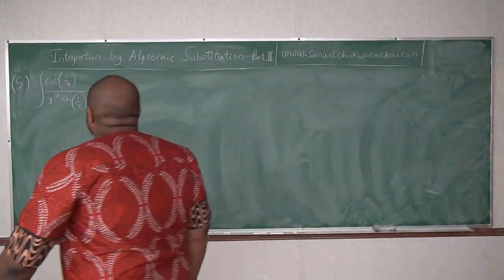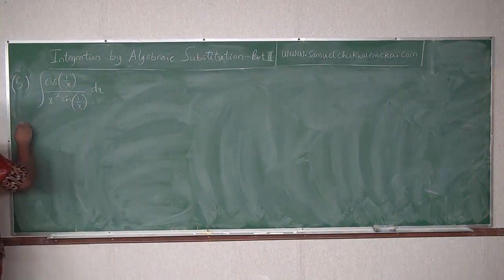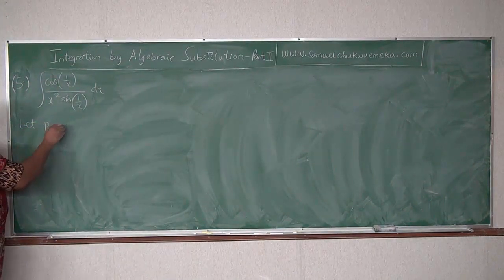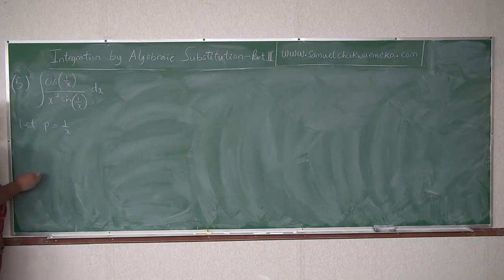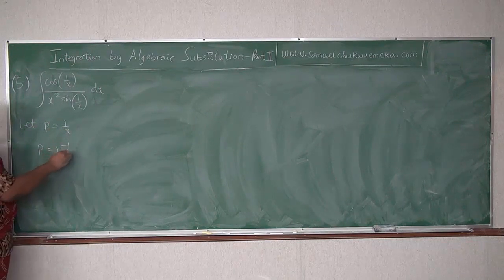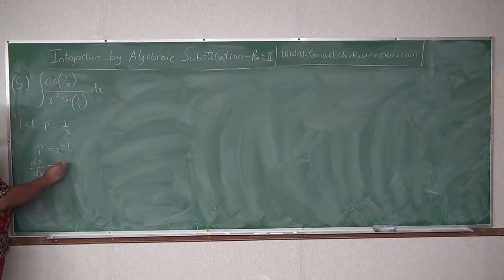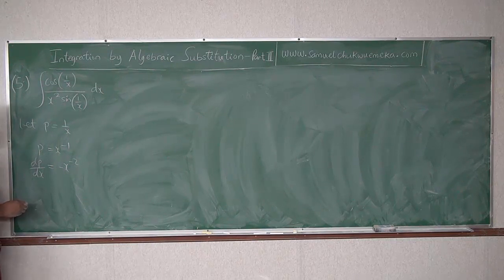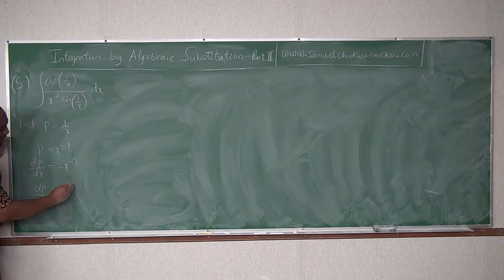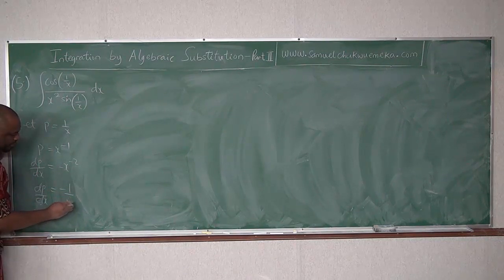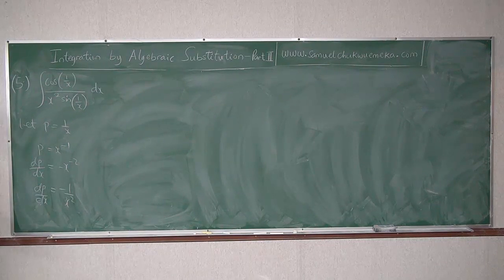Okay, so we say let p be 1 over x. This means that p is x to the negative 1. So dp dx will give us negative x exponent negative 2. So dp dx is negative 1 over x squared. You see that?